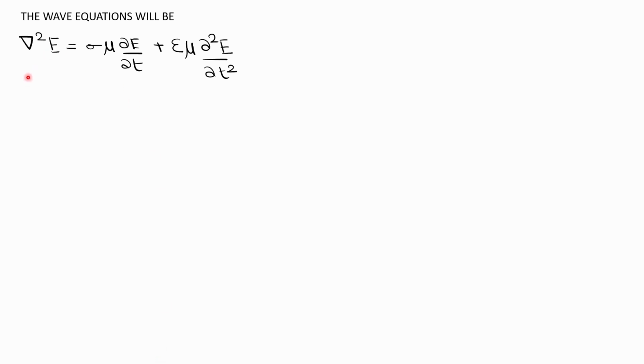Now, the wave equation will be del square E equal to sigma mu dou E upon dou t plus epsilon mu dou square E upon dou t square. So this is the electric field component of the wave equation, and we also know that sigma equal to 0.